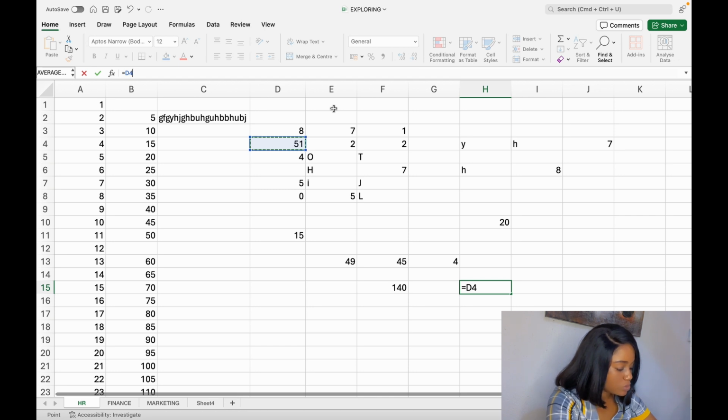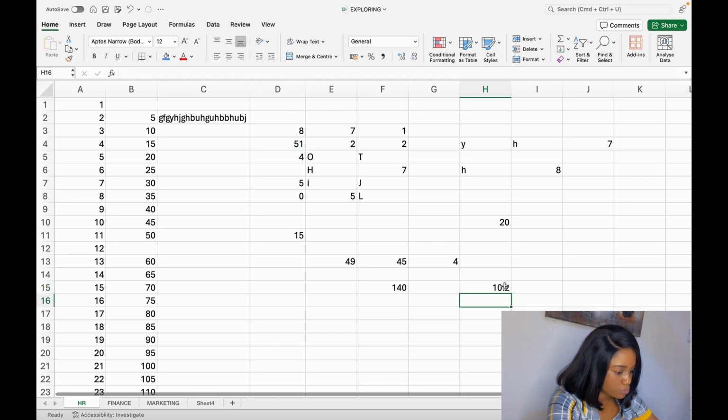For divided we use slash, because you won't find the divided sign on your keyboard or your laptop. So we use forward slash, D7, and let's look at the result. So that's 10.2. 51 divided by 5 is 10.2.